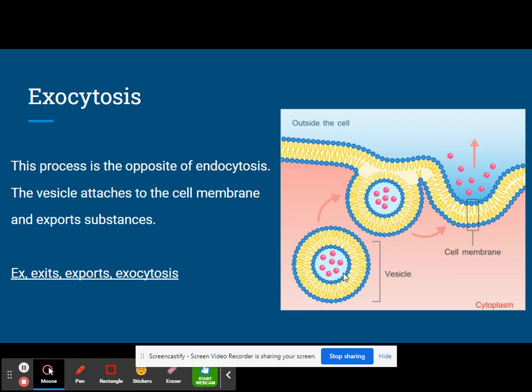In exocytosis, it's much the same way, except this vesicle was probably made by the Golgi apparatus, and these are probably the proteins processed through the rough endoplasmic reticulum, and now we want to export this from the cell. So this phospholipid bilayer simply travels to the outside of the cell. It merges with the cell membrane, expelling its contents to the outside. And this happens over and over and over again.